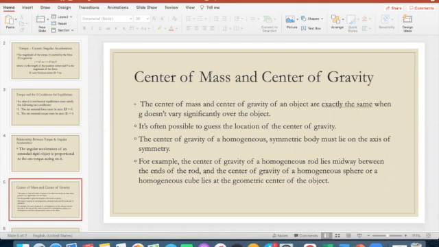Your center of gravity is also in conjunction with your center of mass. Center of gravity and center of mass sometimes are the exact same. It doesn't vary significantly over an object unless the object is not symmetrical.